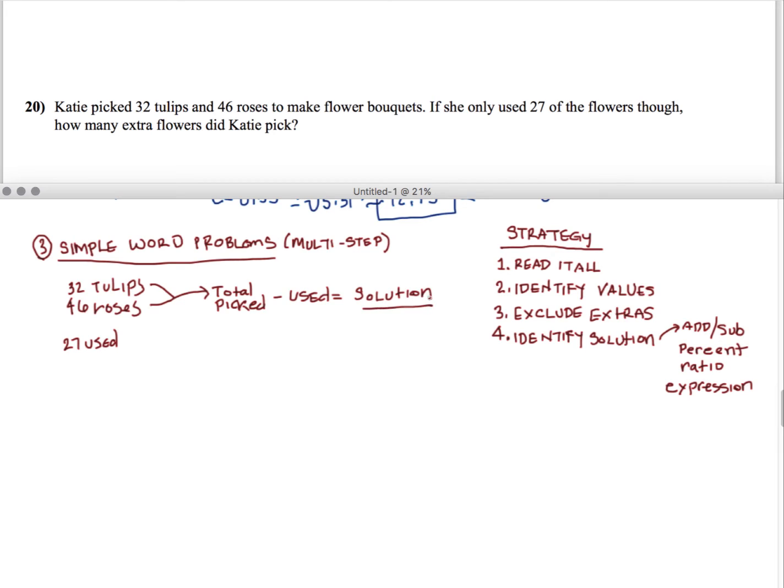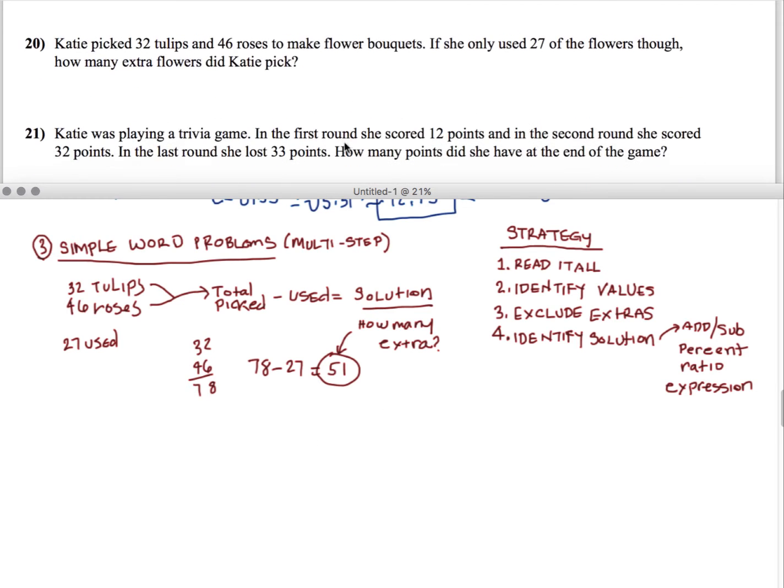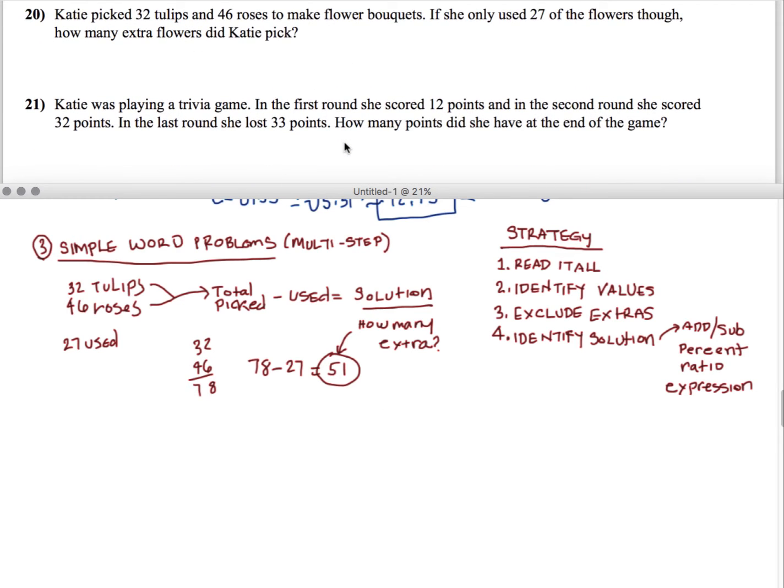Or otherwise our solution. Simple enough. The math is super simple. What I want you to get here is the logic. So let's go ahead, and this is just 78 minus 27. So that's 51. So, like I said, super simple, but that's not the point. Get the logic, okay?